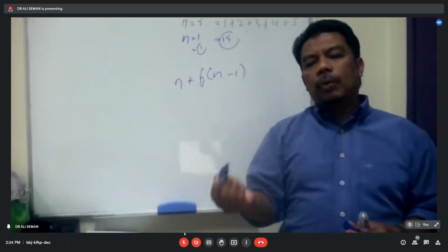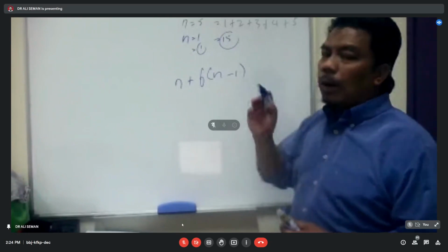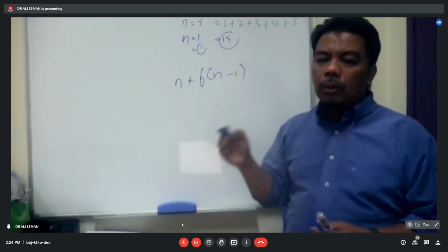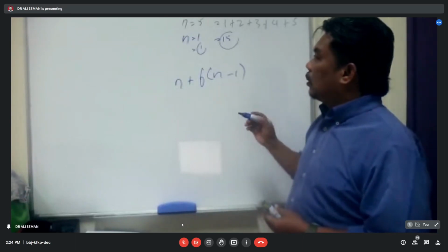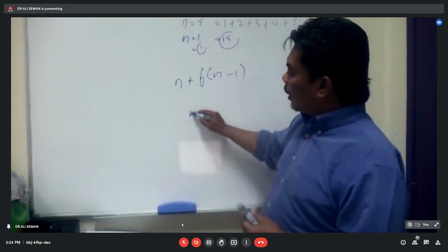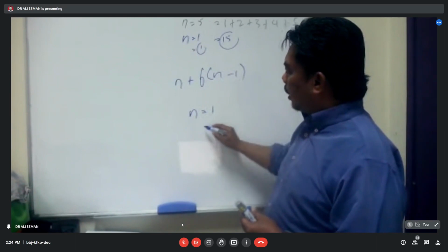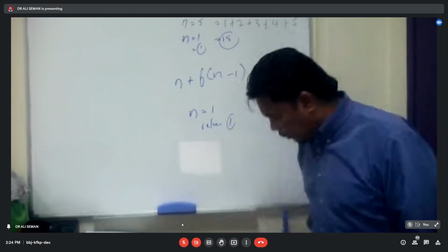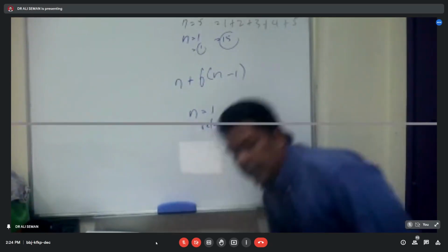Because sum of 1 is 1. If n equal to 2, 1 plus 2. If n equal to 3, 1 plus 2 plus 3. So the base criteria will be n equal to 1. It returns 1 automatically, because this is the base criteria, the stopping criteria here.